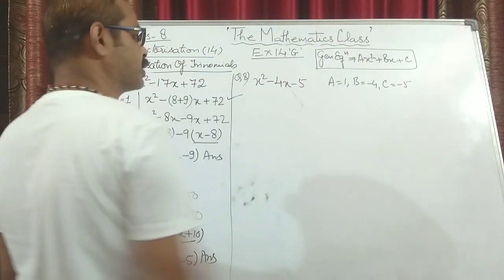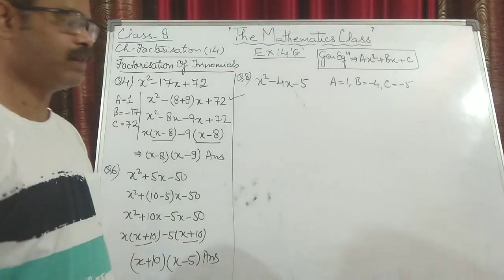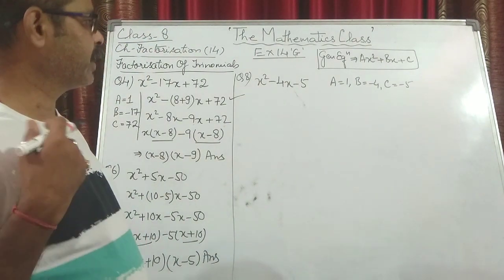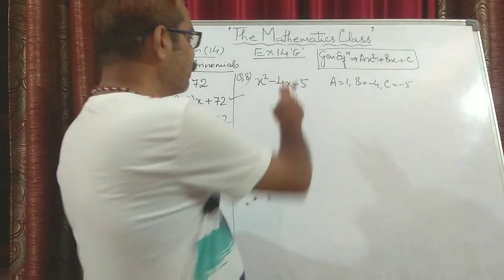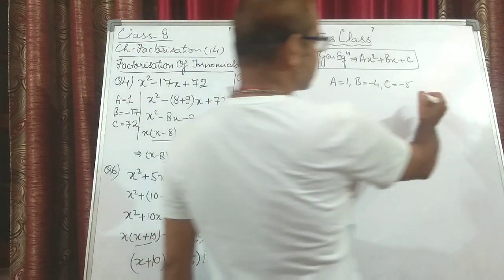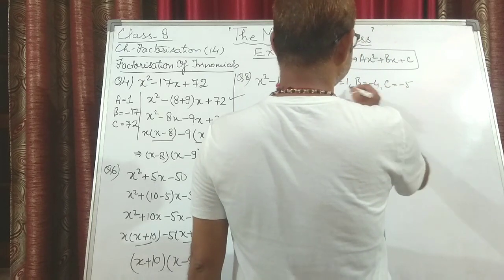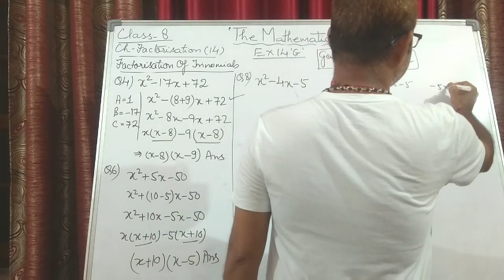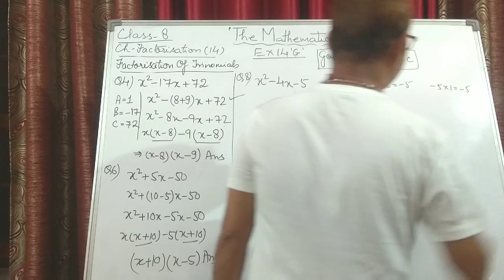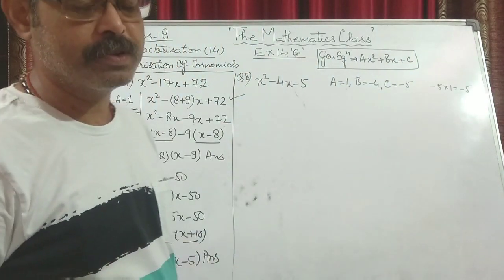When we compared with the general equation, we found that the value of a is 1, the value of b is minus 4, and the value of c is minus 5. Now minus 5 into 1, a is 1, so minus 5 into 1 is minus 5. Now minus 5 has to be factorized.